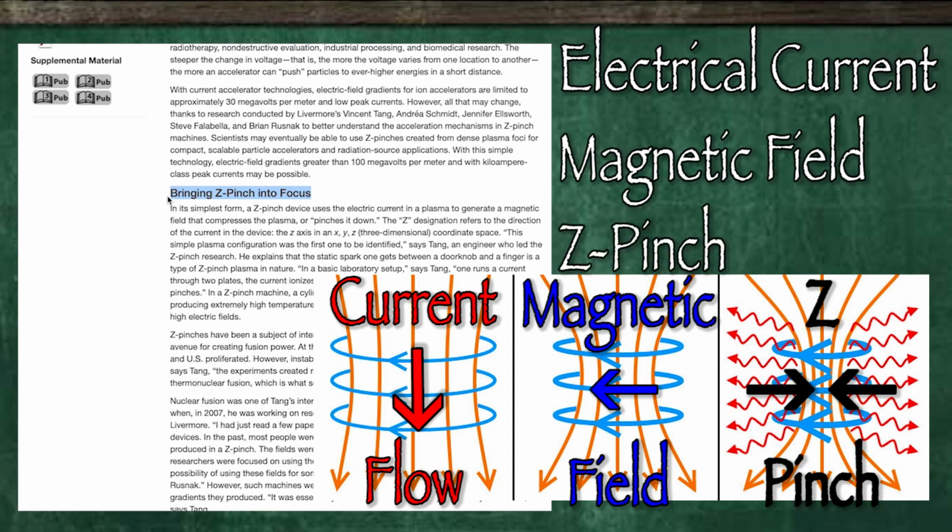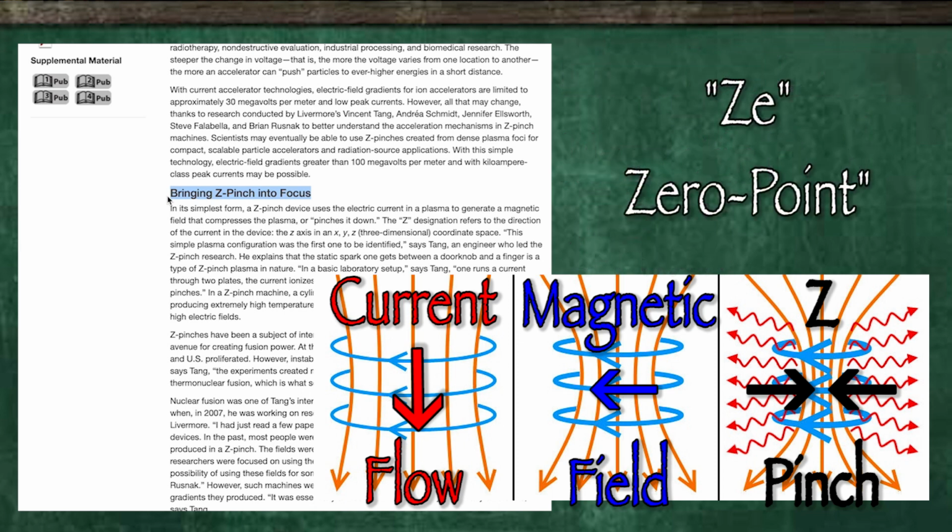The Z designation refers to the direction of the current in the device, the Z-axis, in an X, Y, Z, three-dimensional coordinated space. In other words, the Z of the name Zeus is indicating that there was a Z pinch, forming a 0 point, as indicated by the gender-neutral nature of Z in the German language tradition.